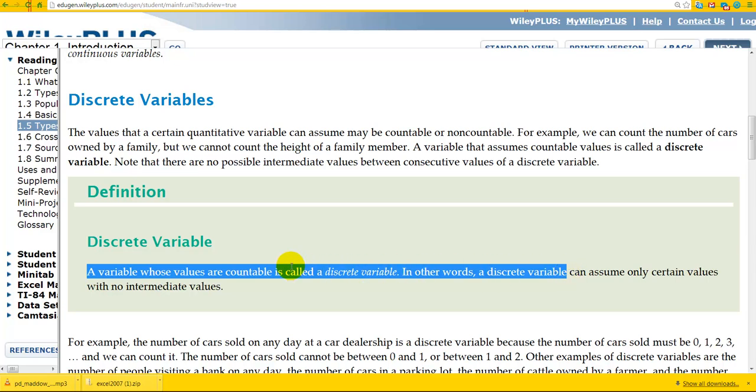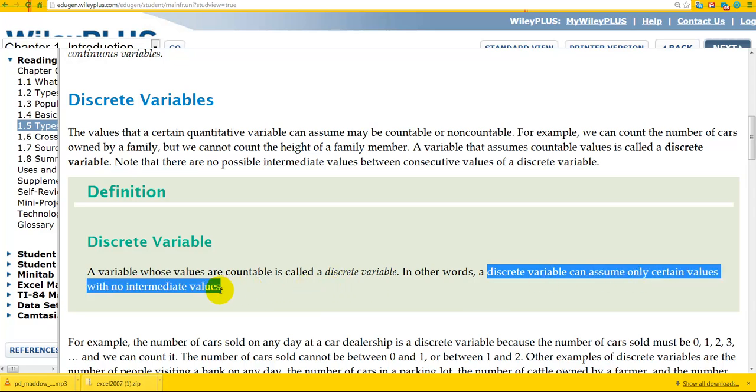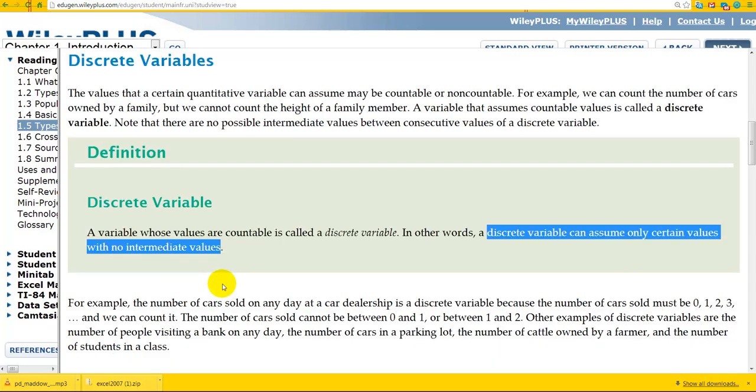A discrete variable can assume only values with no intermediate values. So we say there's a certain minimal distance between any two values.